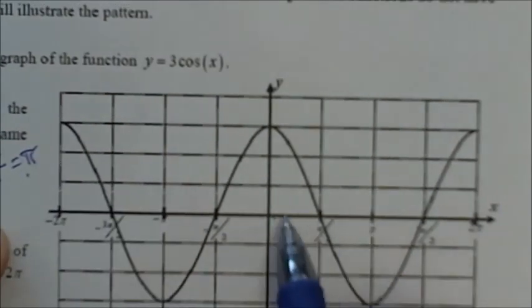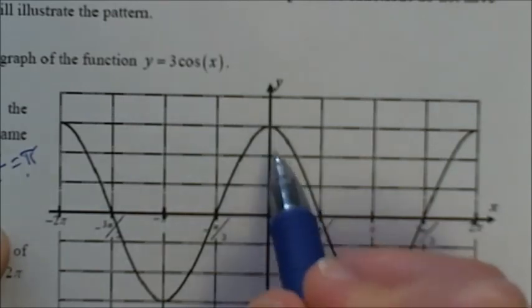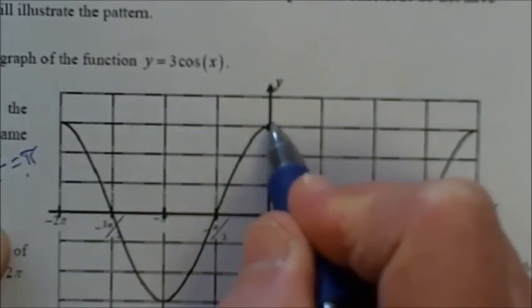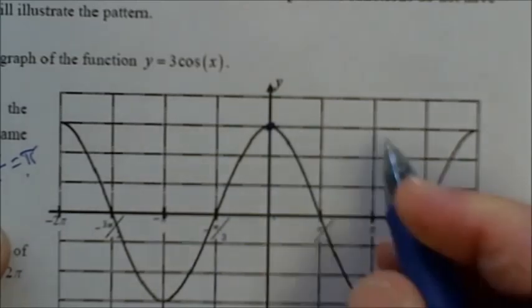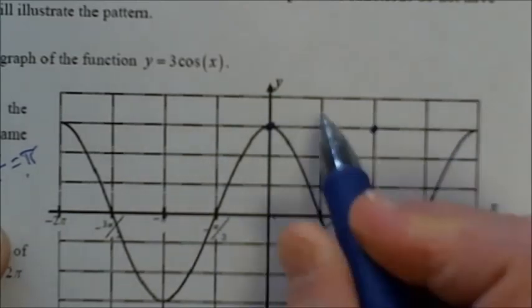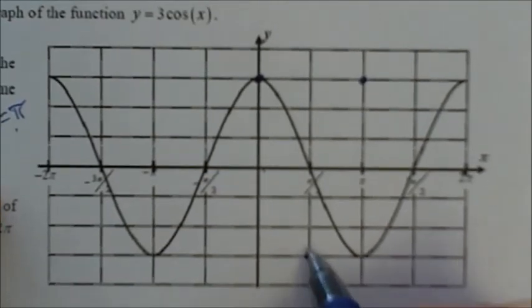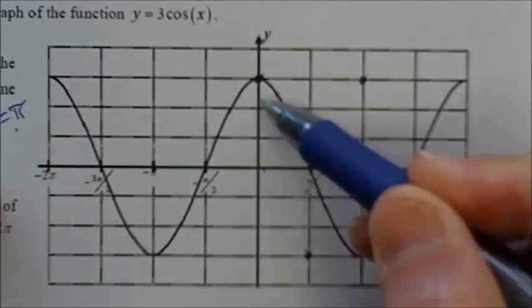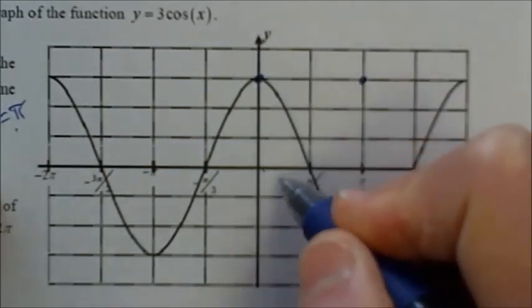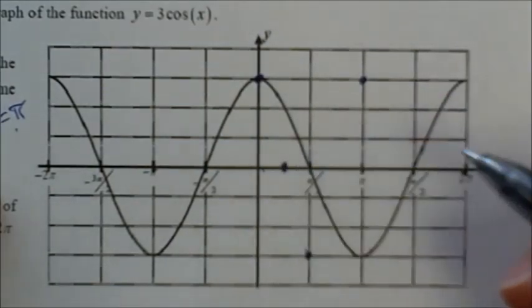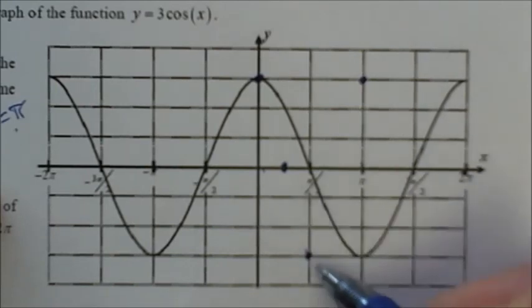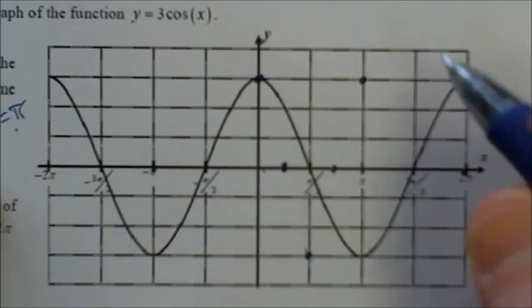All right, so let's take our pen, and we're starting at 3. At pi, we'll end at 3, and midway between be down at the minimum of -3. Now, midway between 3 and -3 we'll cross the x-axis, and midway between -3 and 3 we'll cross the x-axis.